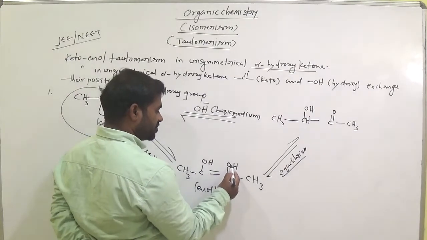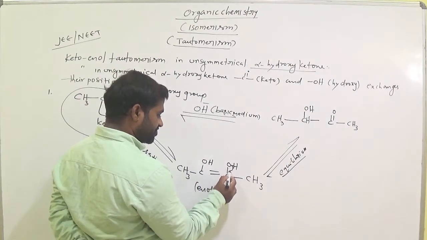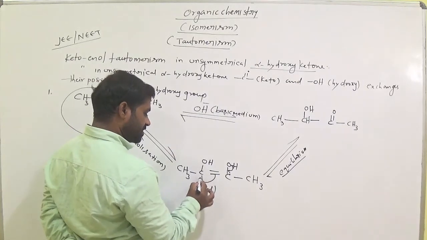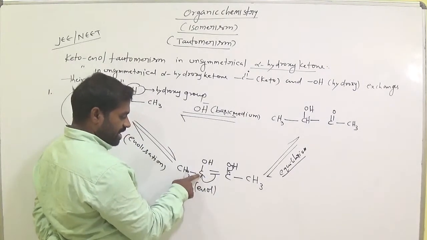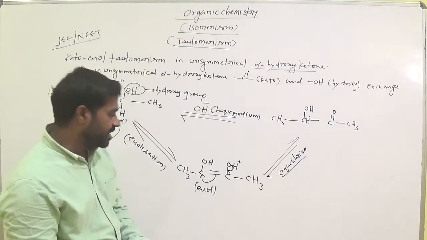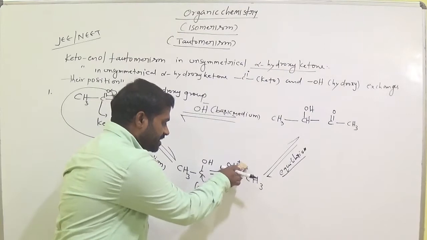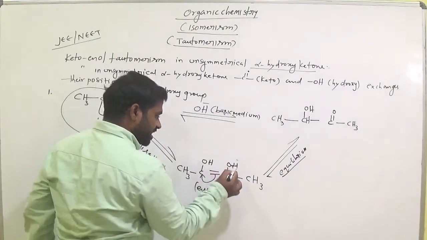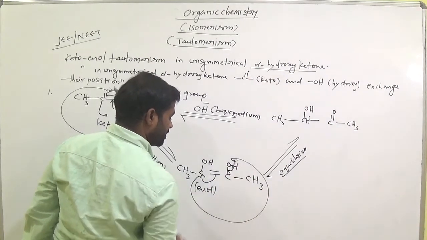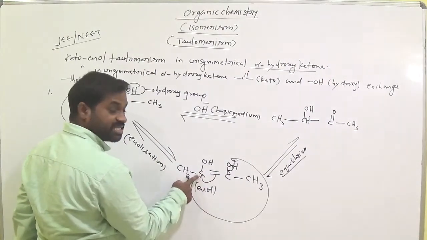So in O bond H, you know, O bond H. Now this bond is shifted here, okay, and this bond on oxygen, carbon. So now carbon gets minus, here hydrogen becomes plus. Listen carefully. O bond H, this bond shifted to here. This carbon attracts this hydrogen, and this hydrogen moves towards this carbon.